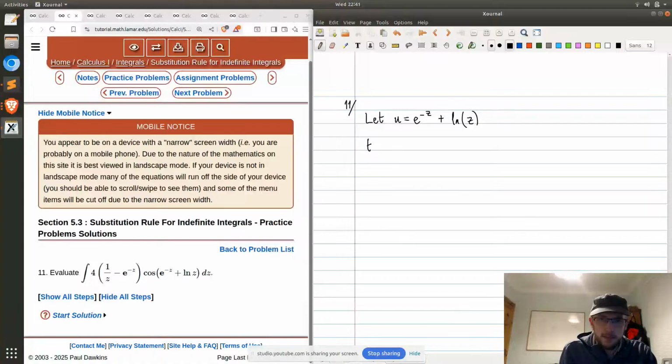Then, computing differential, du is negative e to the negative z plus 1 over z. So that's totally fine. So the integral becomes 4 out the front.